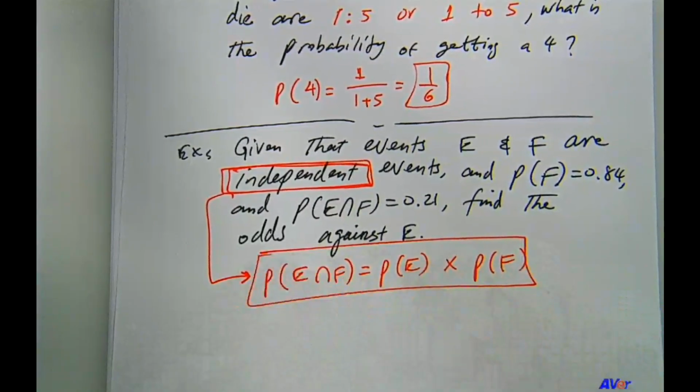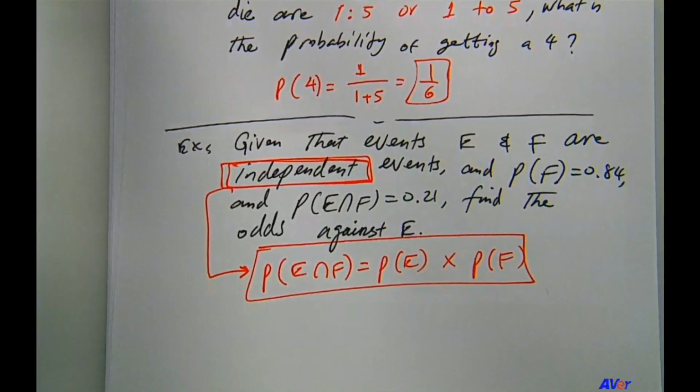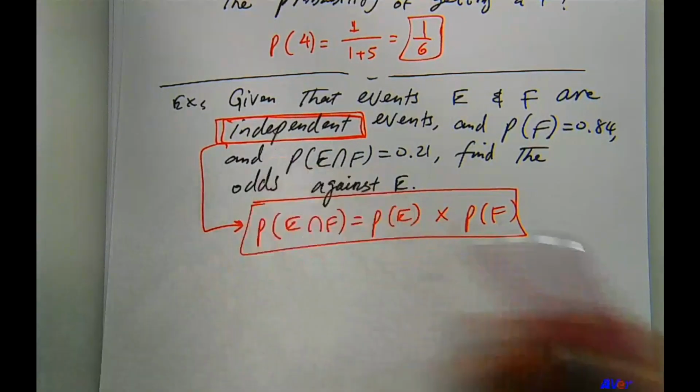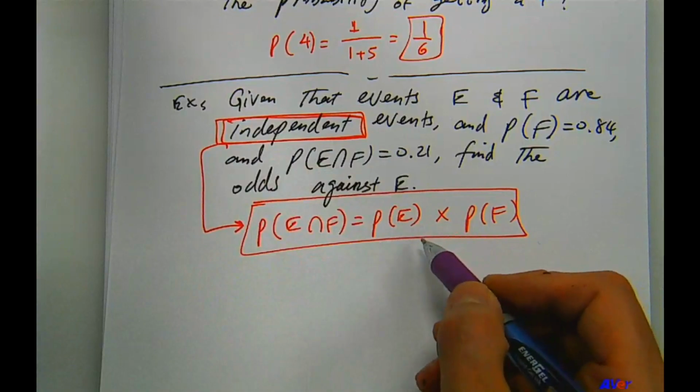Very important formula. But remember, please, this only applies to independent events. Many, many times people lose points because they apply this to events that are not independent. This problem is clearly telling us that the events are independent, so we can use this formula. Okay? So look for clues to use this formula.